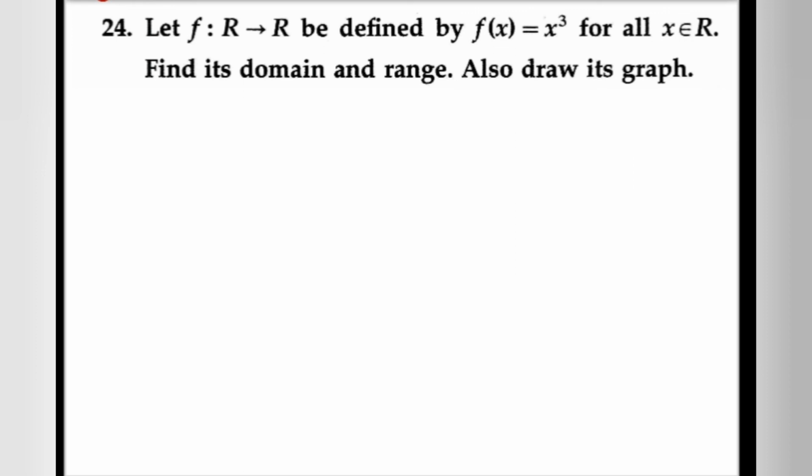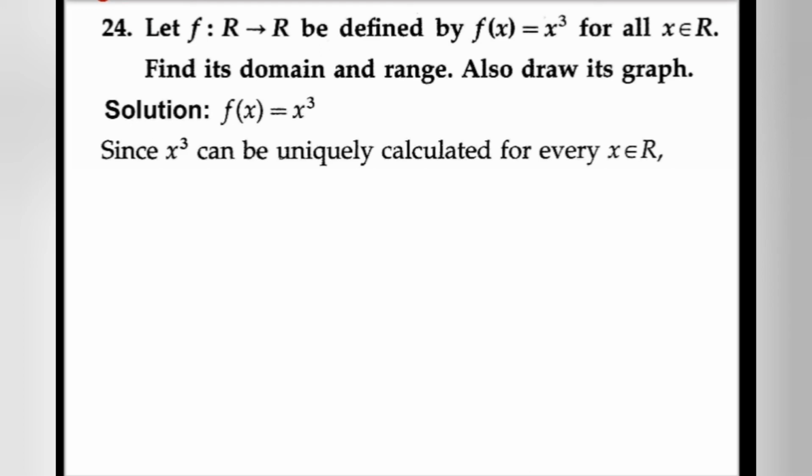Question number 24. Let f from R to R be defined by f of x is equal to x cubed for all x belong to R. Find its domain and range. Also draw its graph. Solution. f of x is equal to x cubed.